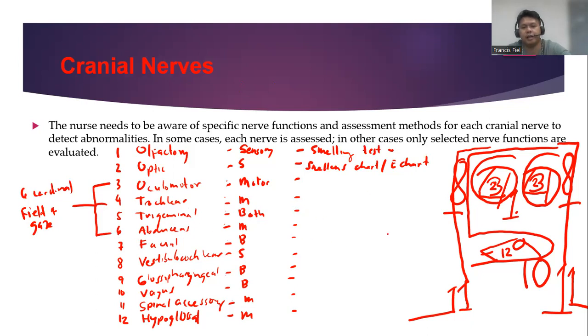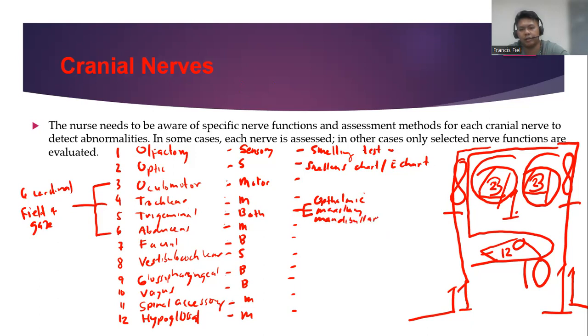For the trigeminal, you assess the sensory of the face. We have 3 branches of the trigeminal nerve: the ophthalmic branch, the maxillary branch, and the mandibular branch.